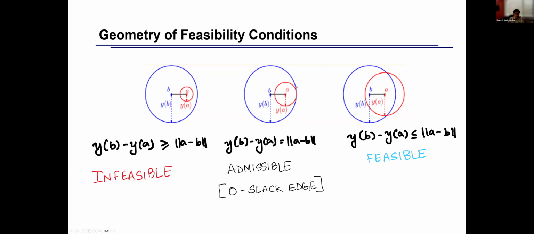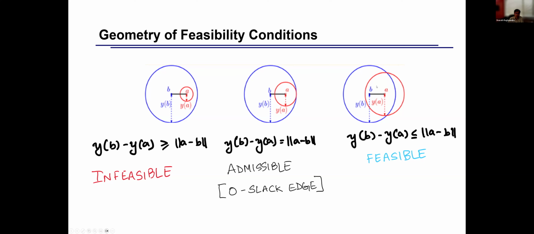These weights are always guaranteed to be non-negative, so you can always define a disk in this case. And so every edge will have to satisfy this constraint, the third one, which is yB minus yA is less than or equal to the cost of the edge. So visually that means that the red disk can either be touching the blue disk from the inside, or it can be protruding out of the blue disk.